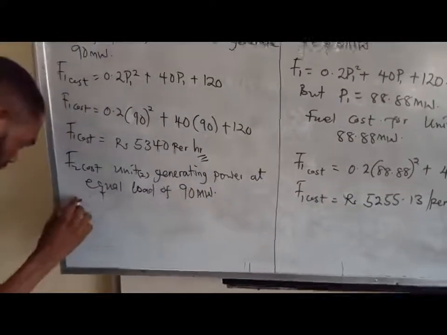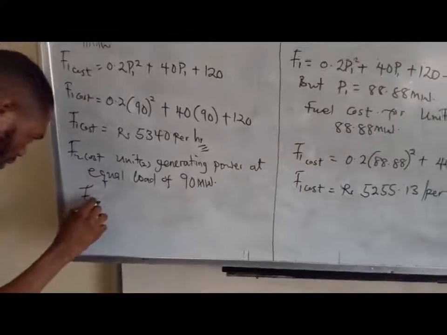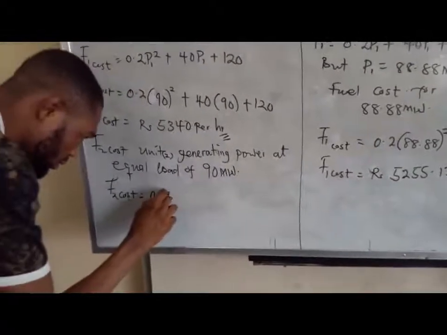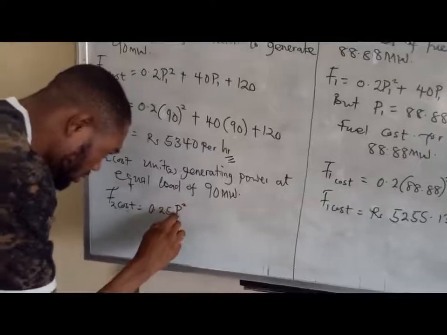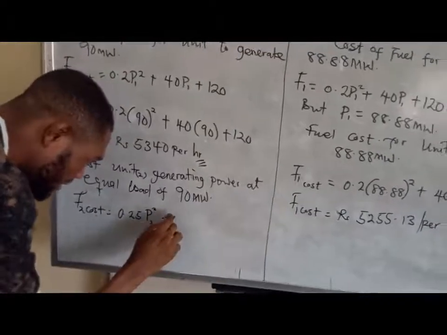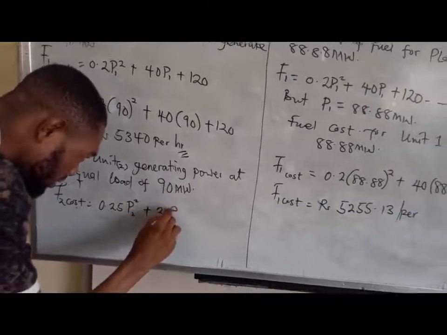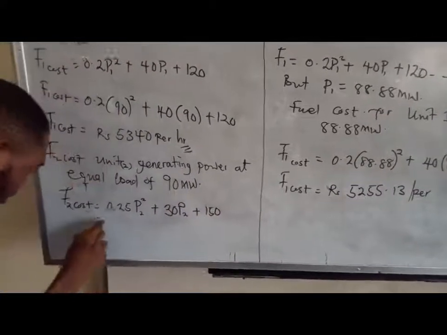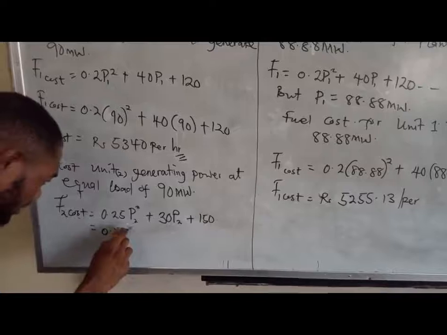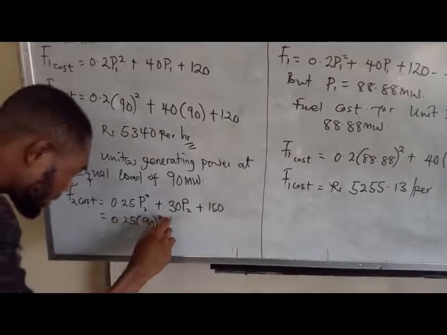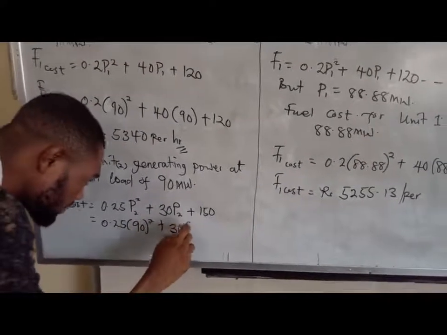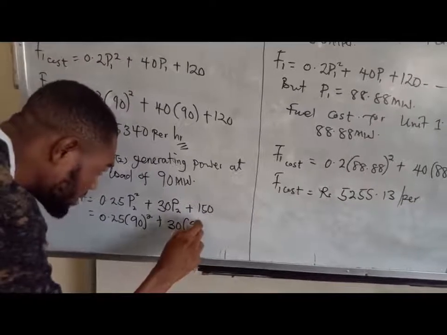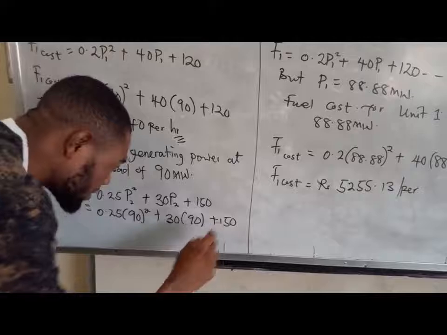That gives us F2 cost, which equals 0.25 P2 squared plus 30 P2 plus 150, then it equals 0.25 times 90 squared plus 30 times 90 plus 150.